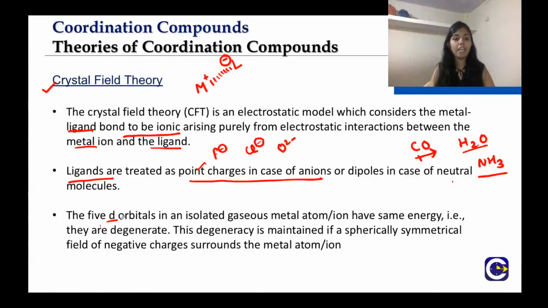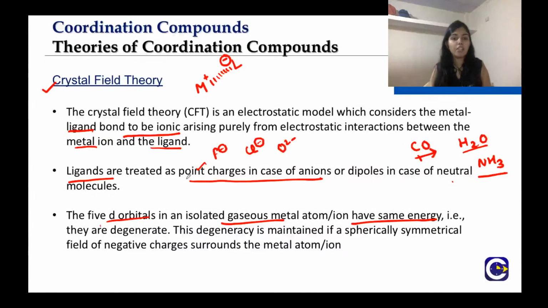Now the 5d orbitals of the metal in its gaseous state, or you can have a metal ion also if it is charged, will have the same energy. That means the 5d orbitals will remain degenerate in an isolated gaseous metal atom or ion, right?